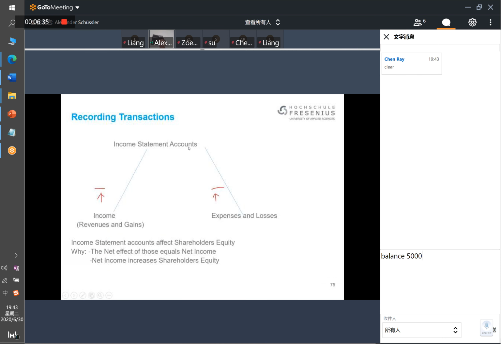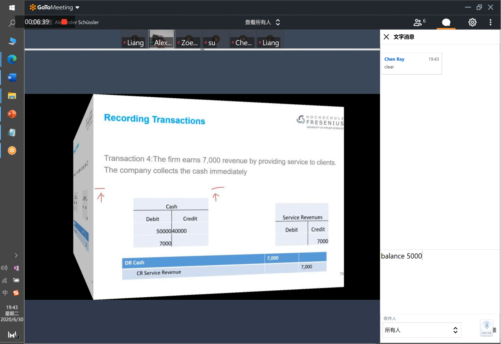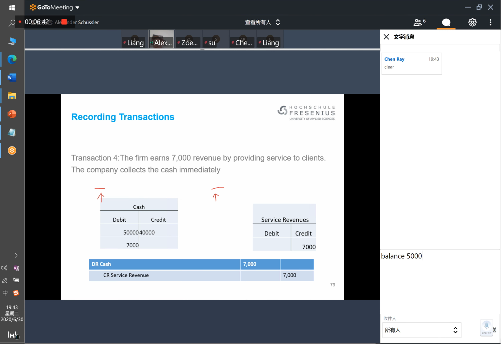Does that make sense so far? You always have to know whether it's an asset account or a liability account. An asset account, when you debit it, it goes up. A liability account, when you credit it, it goes up. When you credit an asset account, it goes down.